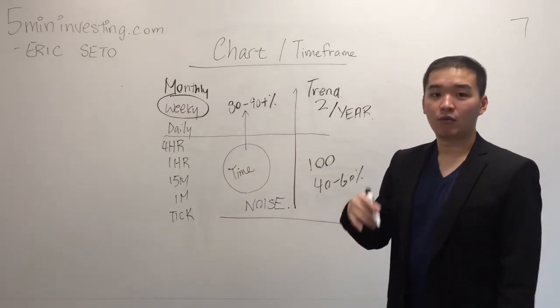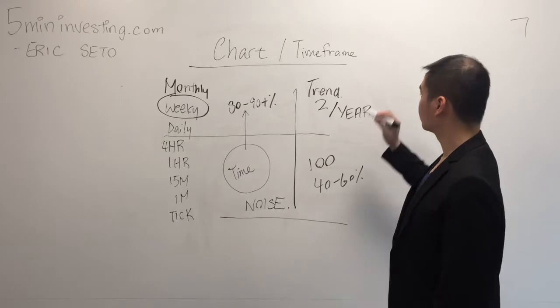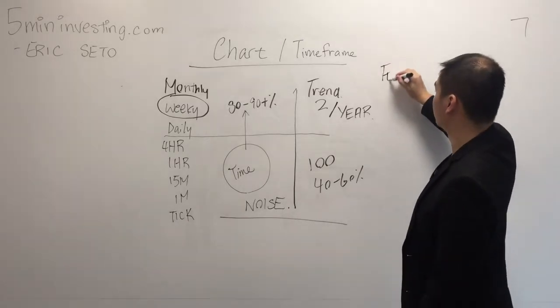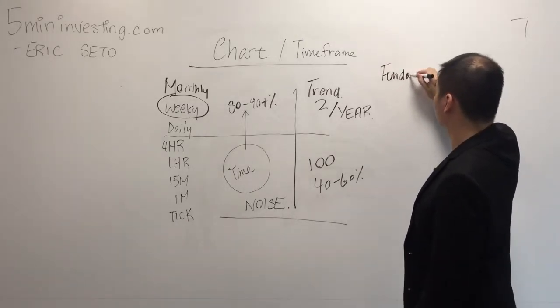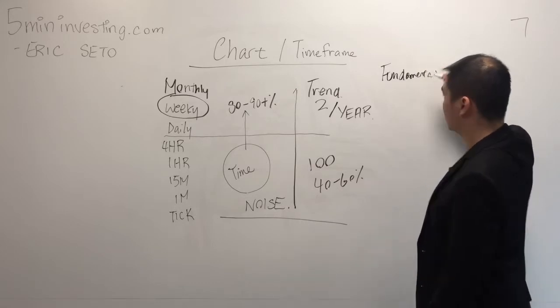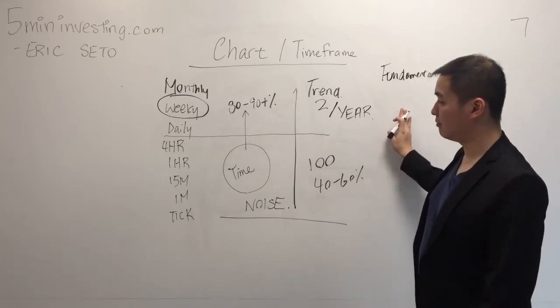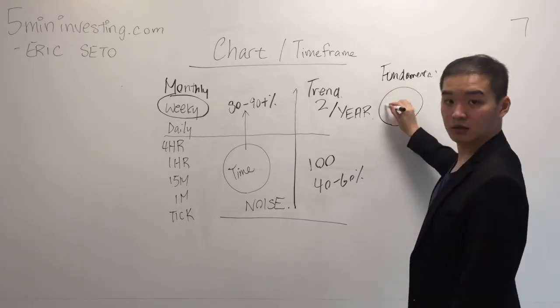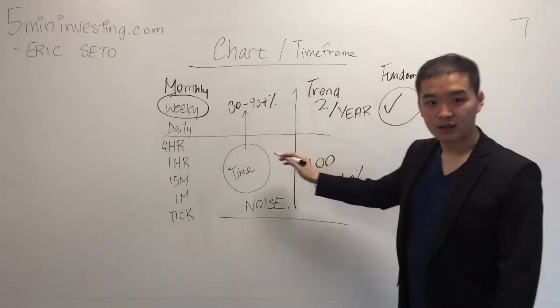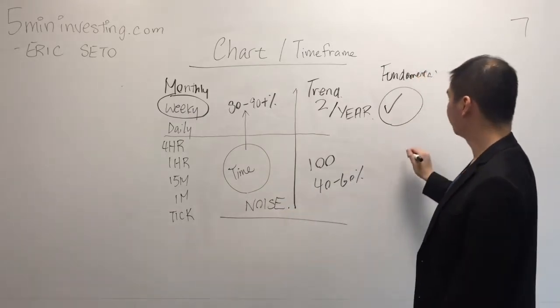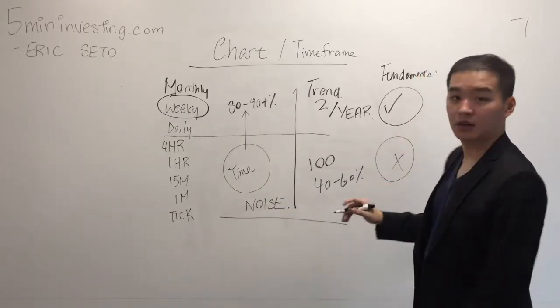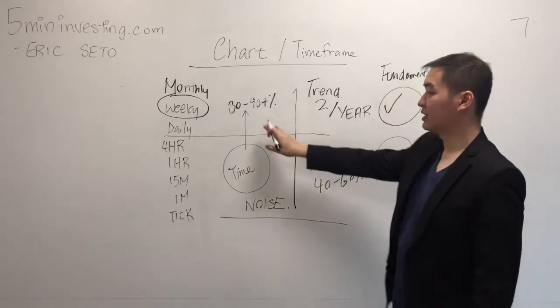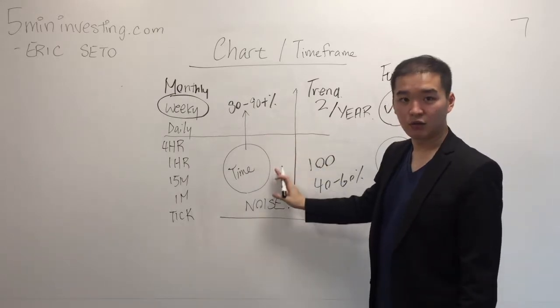And plus, when you're looking at things like companies' fundamentals, that only impacts the long term, which is here. It doesn't work in the lower time frame charts. Again, a lot of people think technical analysis applies to the lower time frame chart.